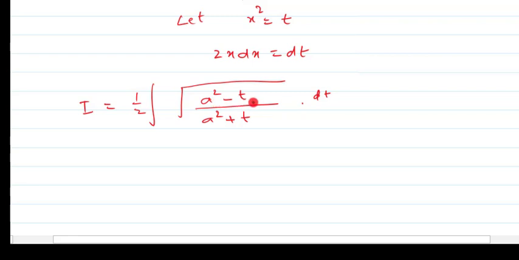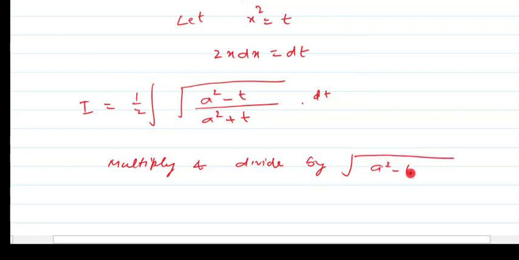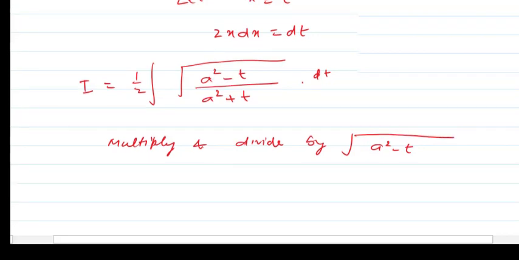So यहाँ भी will apply the same thing. न्यूमरेटर को एक्सपेंड करेंगे, so we should multiply and divide by square root of a square minus t, so that ये रूट का साइन यहाँ से हट जाए and we can segregate the terms. So applying the same, multiply and divide by square root of a square minus t. समझ गए होंगे कि क्यों हम a square minus t से मल्टीप्लाई डिवाइड कर रहे हैं इसको.